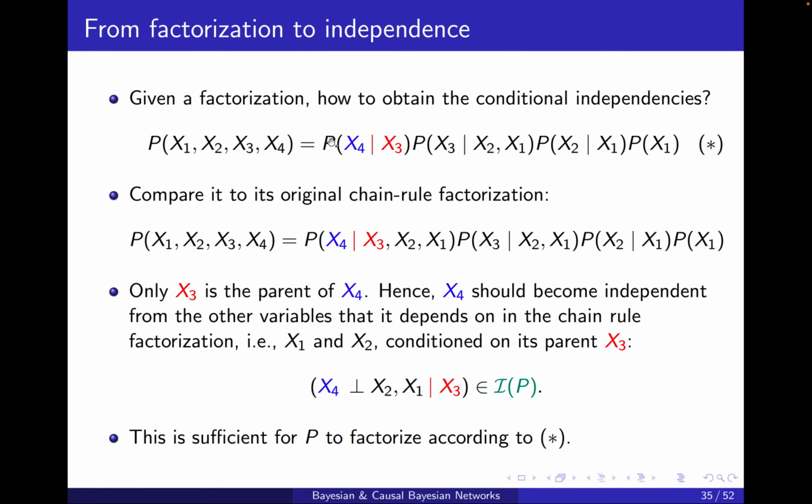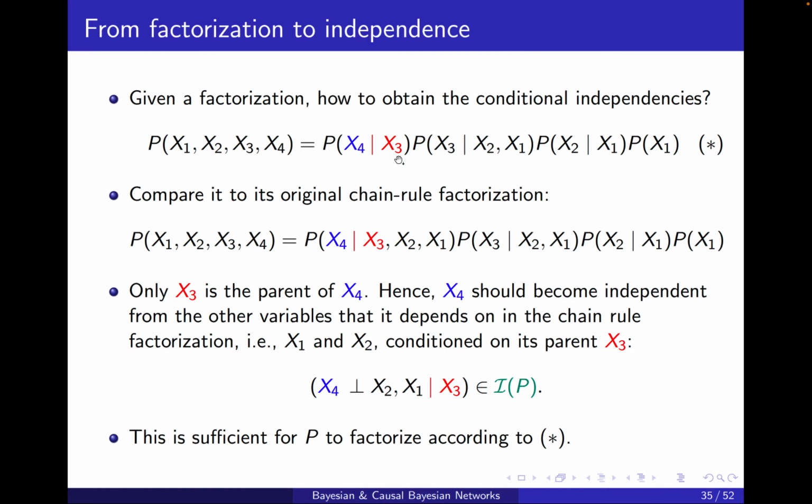Now, we need to be careful. This is sufficient for P. The argument we provided here shows that it is sufficient for a distribution P to factorize according to star, which is this form. Meaning that if we know that such a conditional independence holds, then by using the chain rule, applying it here, we end up here.